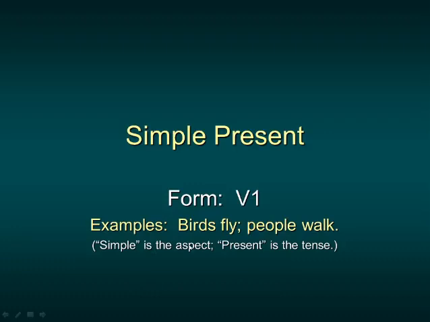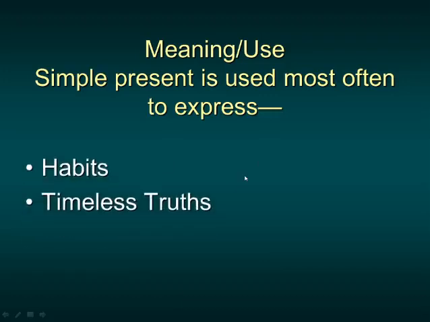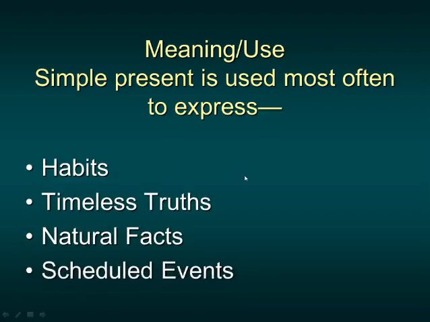Simple is the aspect, present is the tense. You see? Aspect is simple and present is the tense. Meaning and use: simple present is used most often to express habits, timeless truths, natural facts, scheduled events.